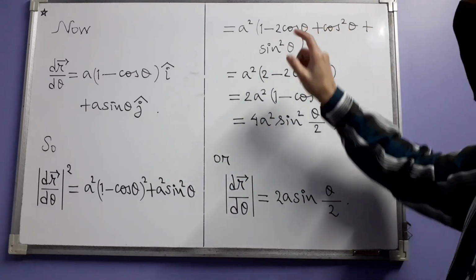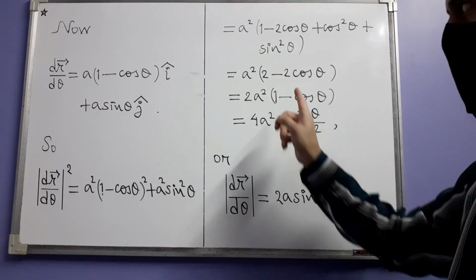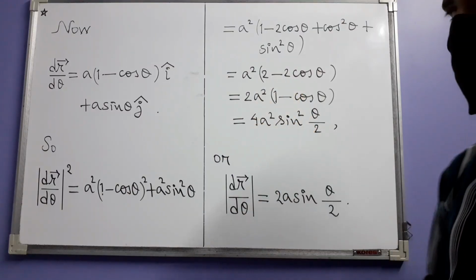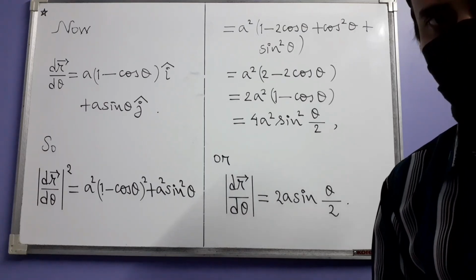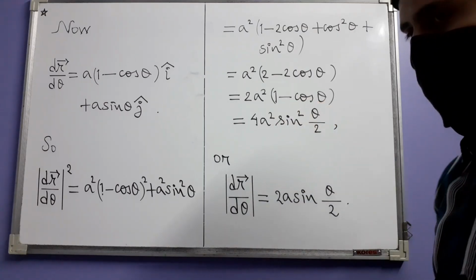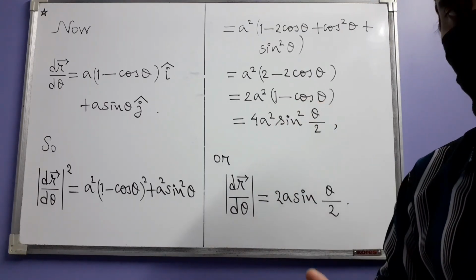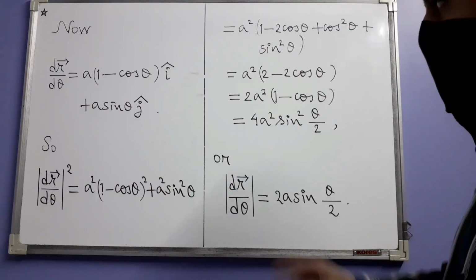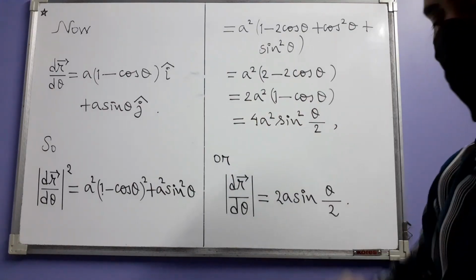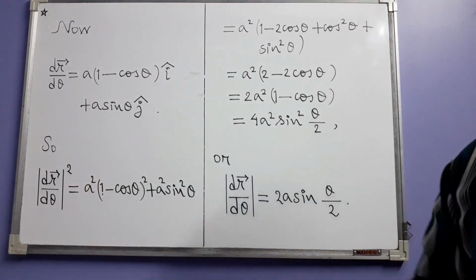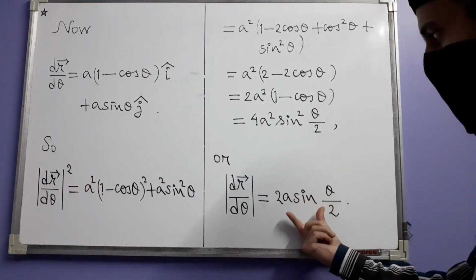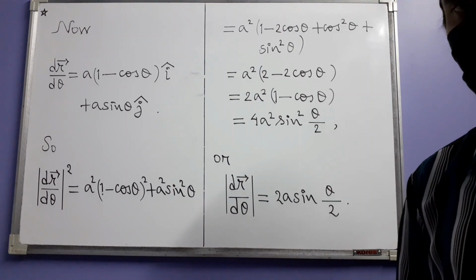These two terms give you 1. 1 plus 1 is 2, and then you can take 2 outside, having 1 minus cos theta here, and then you use the trigonometric identity that 1 minus cos theta is 2 sin square theta by 2. That 2 and this 2 become 4. So then you lift the square and you get 2a sin theta by 2.